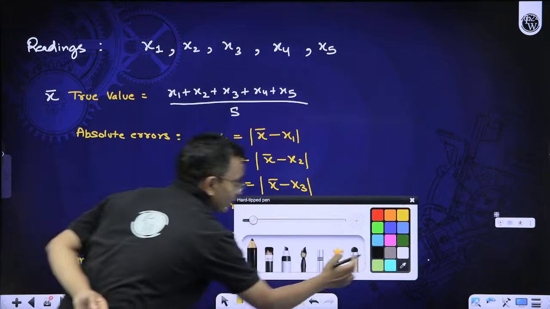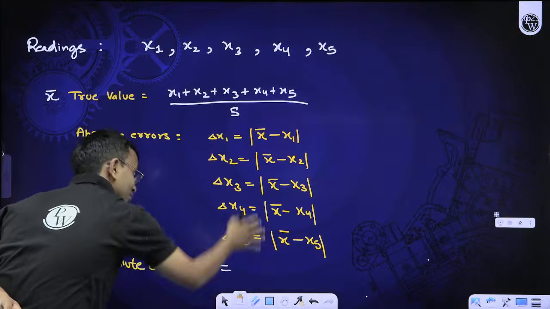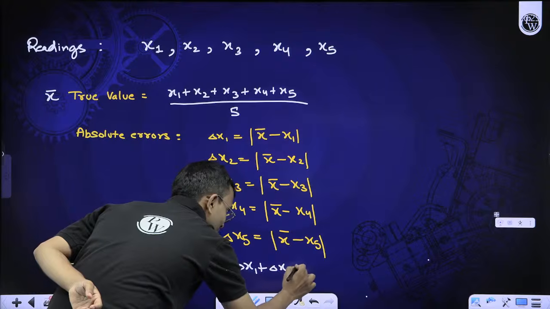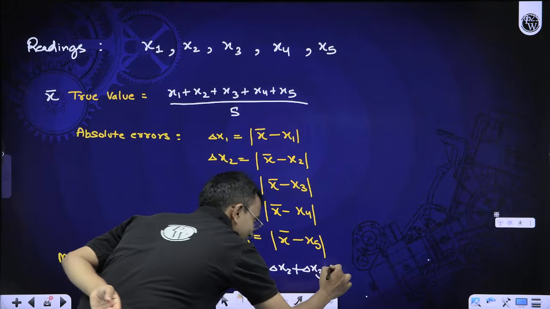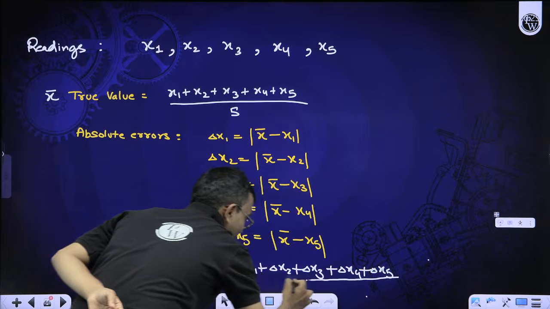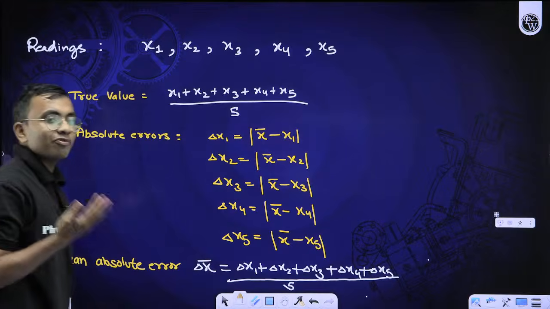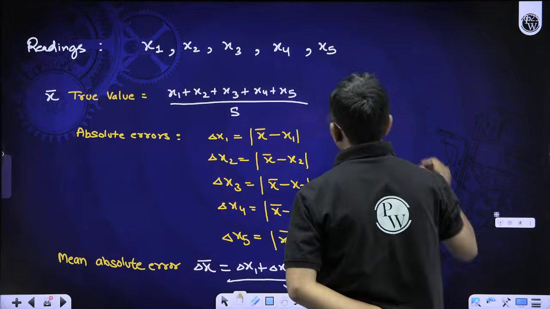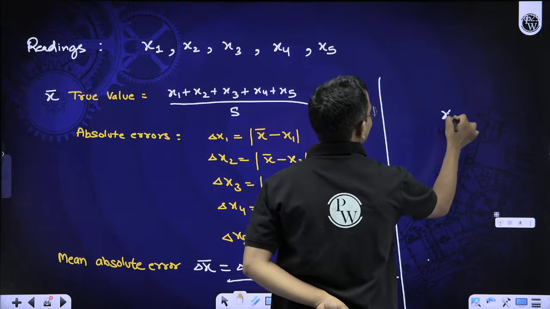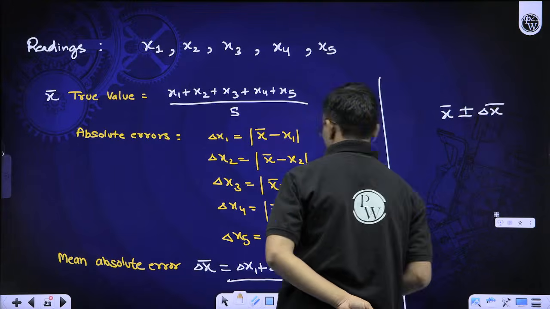The mean absolute error you can denote with delta x bar. Take the mean of these: delta x1 plus delta x2 plus delta x3 plus delta x4 plus delta x5, divided by 5. Now when I mention my measurement, I will say my value is the mean value plus minus delta x mean.